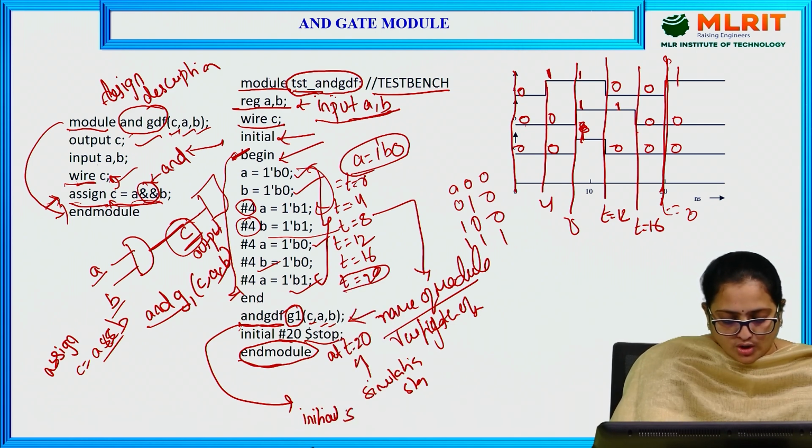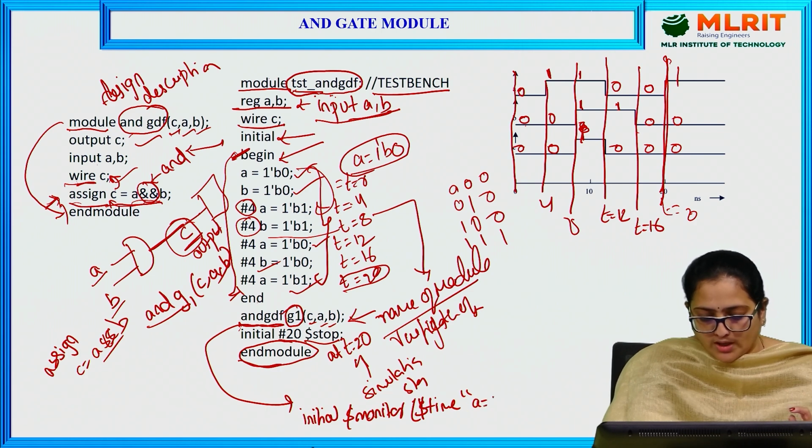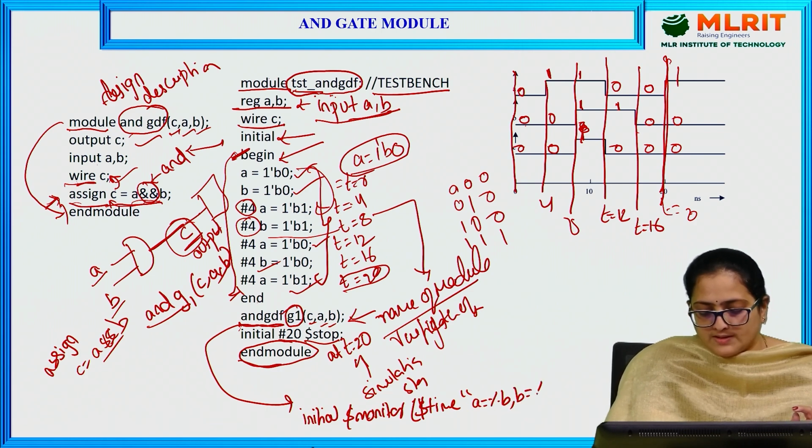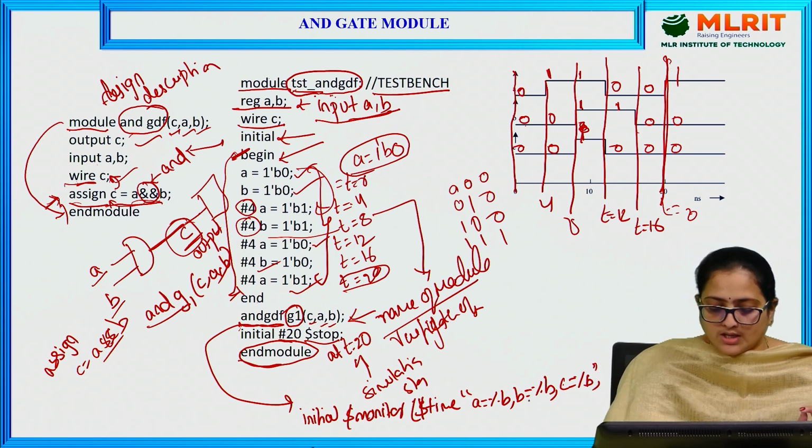$monitor, $time. I want to check a, b, c values, so %b, %b, %b, comma a, comma b, comma c.